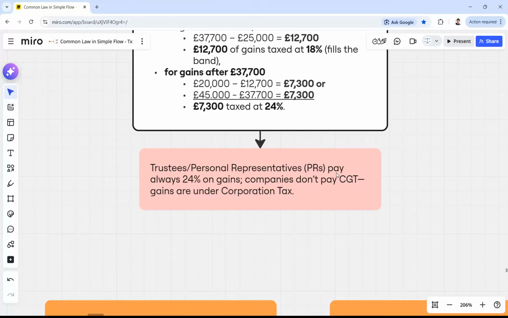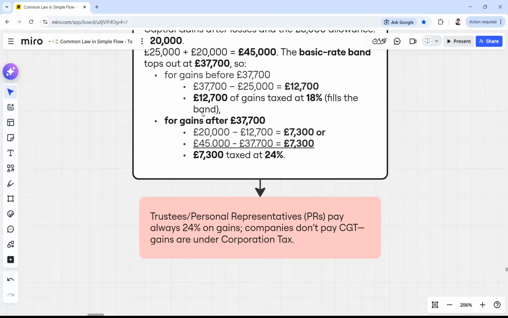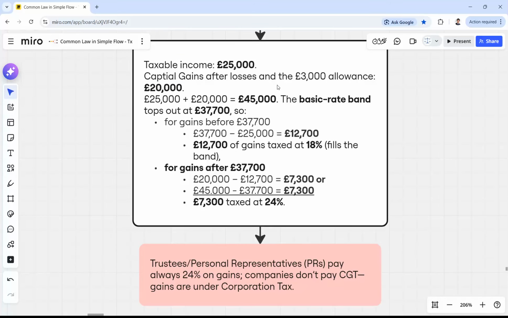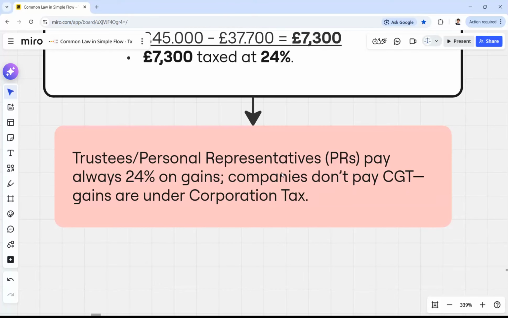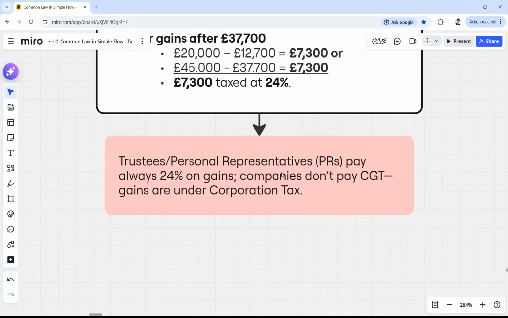And trustees and personal representatives always pay 24% on gains, no matter the threshold. Why? Because trustees and personal representatives represent an estate and they do not have income tax.